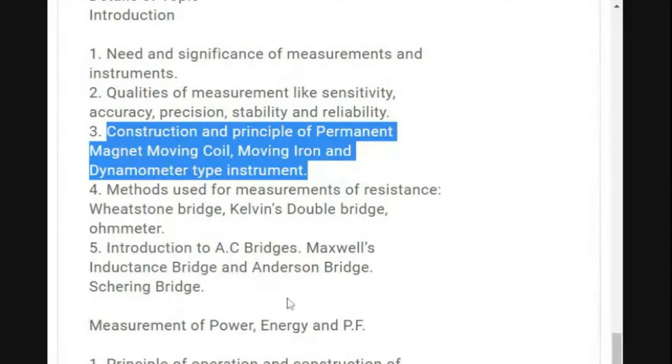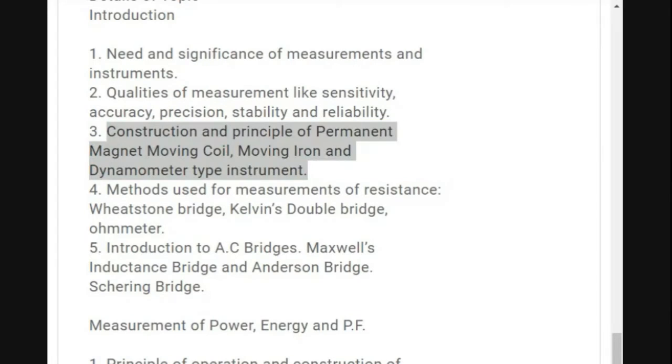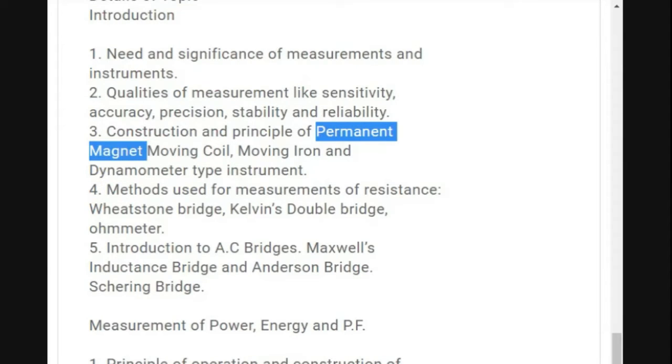And apart from that, if we talk about instruments where some effects are used, for example the magnetic effect, we must know that the magnetic effect is created in such a way that there are two magnetic fields interacting with each other. One magnetic field can be created by, for example, a permanent magnet, and the other is created by the coil.